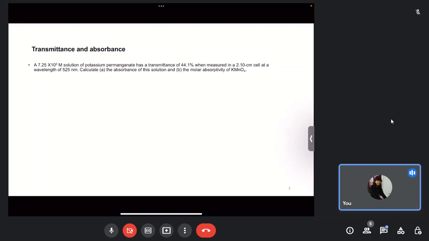Let me start with the first problem for today. It's about absorbance and transmittance. In the lecture we have been introduced to what is transmittance and what is absorbance. Absorbance is A equal to minus log T, where T is transmittance.